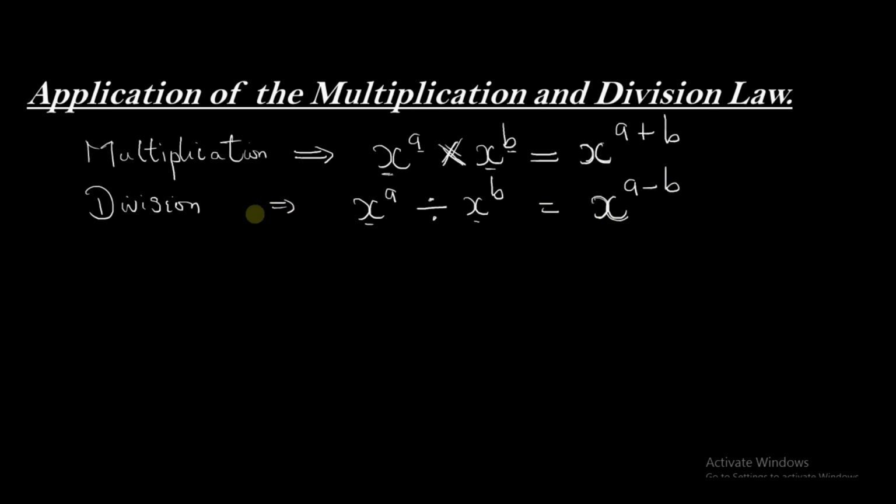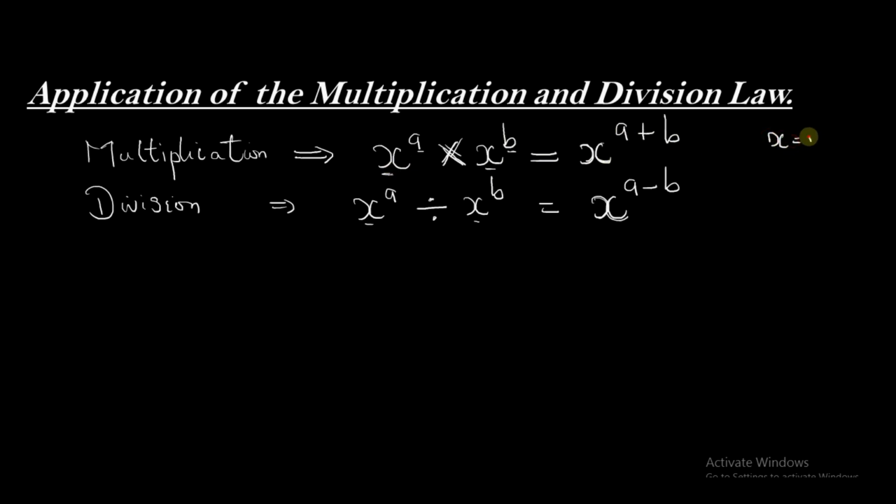So I'll repeat again. The multiplication law states that x raised to the power a times x raised to the power b is equal to x raised to the power a plus b. And I've said that x is the root number.